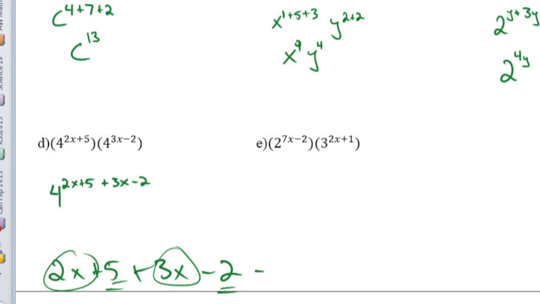You just end up with 5x plus 3. And that is the exact same, even though it's an exponent. I'm going to combine my 2x with my 3x to give me 5x. I'm going to combine my 5, subtract 2, to give me plus 3. It just happens that it's an exponent.